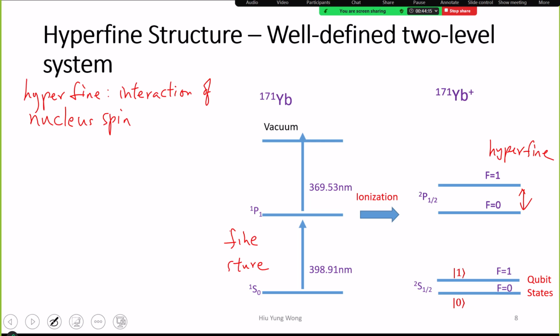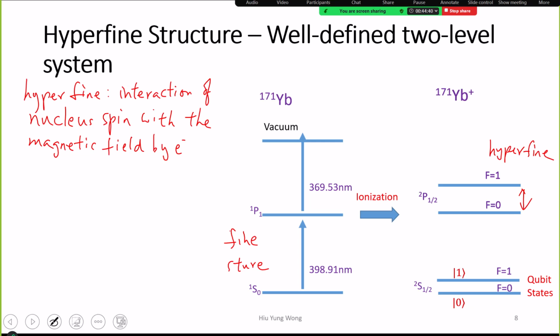The nuclear spin with the magnetic field by the electron, which is common sense, right? If the electron spin can interact with its own magnetic field, then the nucleus will also interact with the electron's magnetic field.